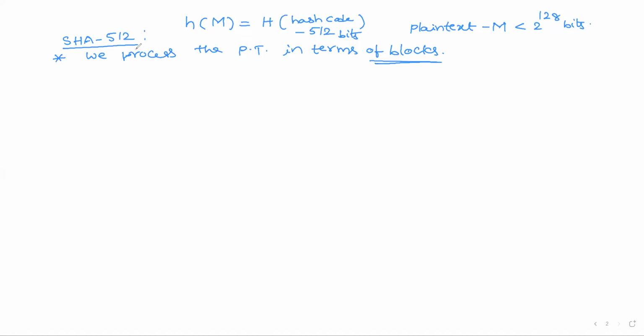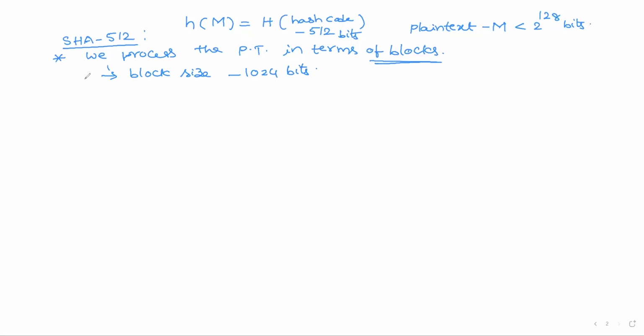Same like that here also, to generate a hash code, the plain text is processed in terms of blocks. So what is the block size? Already we observed the block size is 1024 bits.